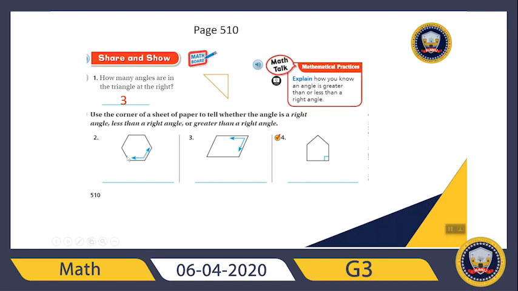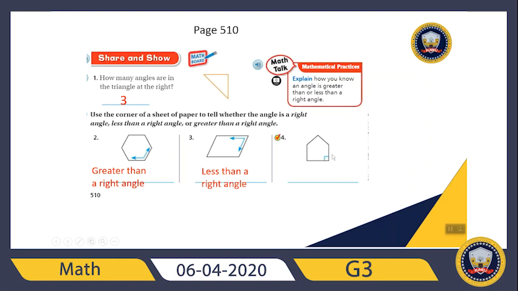If we come to this one, how many sides does it have? 1, 2, 3, 4, 5, 6 sides, and all angles are greater than a right angle. What about this shape? As it shows, it is less than a right angle.